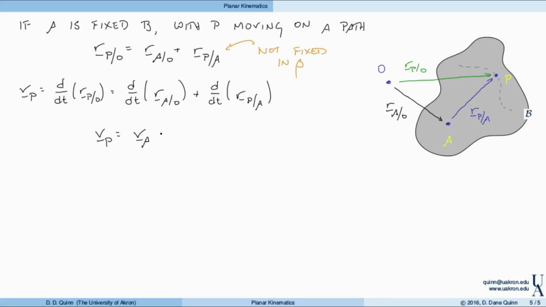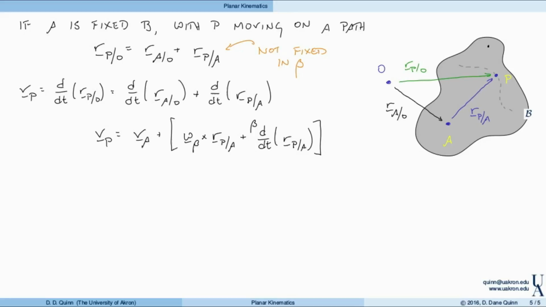Now, for this second term, we can go back to our expression for vector derivatives, and we see that it's the angular velocity of the object cross r_PA plus now the change in r_PA with respect to the object.